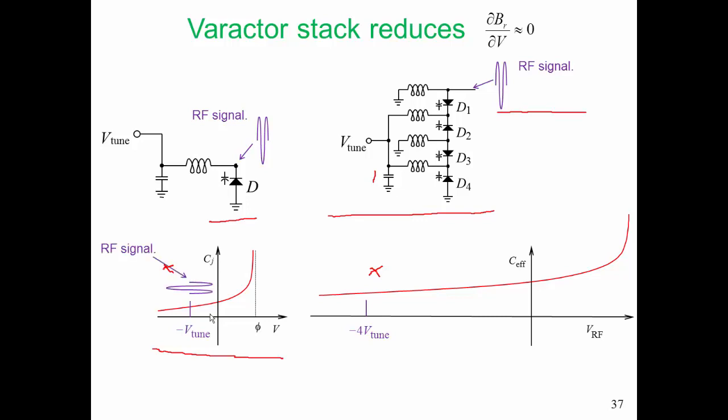So let me superimpose the RF signals here. You can see where the RF signal is with our single diode. There's a fairly large variation of capacitance as our RF signal changes, and that variation is much smaller when we use the Varactor stack.